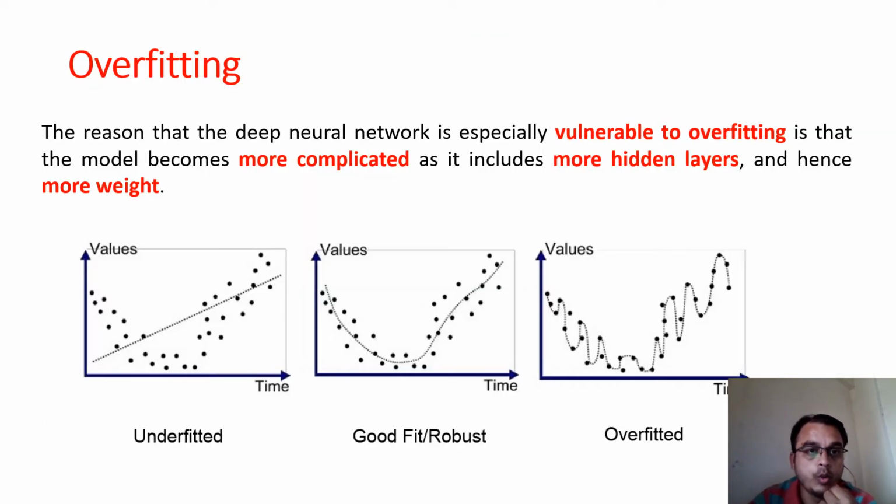Next part, overfitting. So what do we mean by overfitting? Once your deep neural network has learned, it might be vulnerable to overfitting. If you have a limited range of data, and even though your model has been trained, you make it learn again and again on the individual input points.